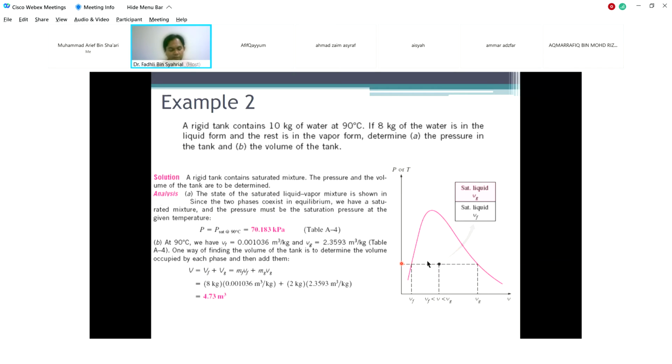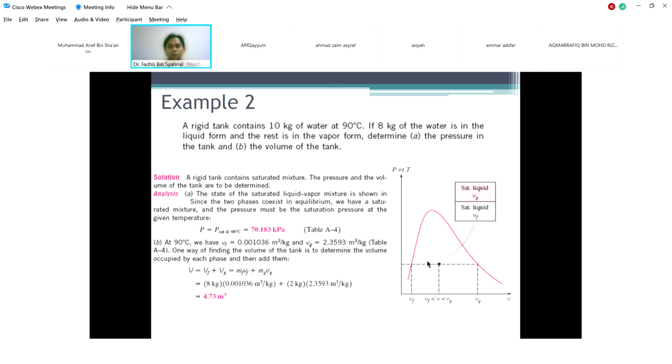So name this point P sat at 90 degrees C, as shown here. I think that's all for step number 3. This is the clue that we can transfer to our PV diagram.